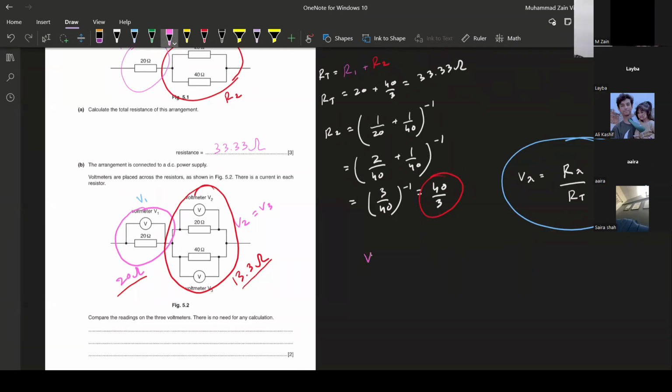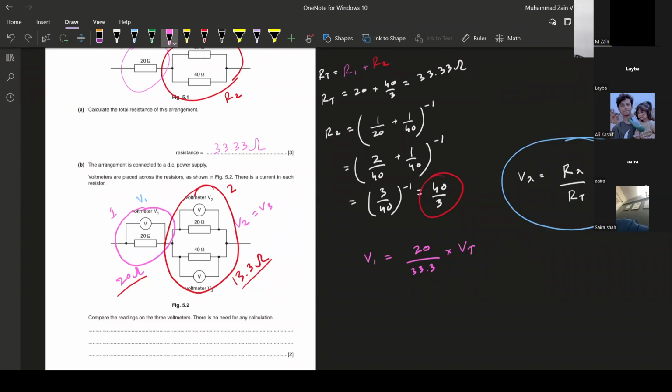So if I talk about this component V1, so I'm naming this component V1 and naming this whole thing 2. If I talk about the potential difference across V1, that would be equal to the resistance across V1, which is 20 ohms, divided by the total resistance of the circuit, which is 33.3, times the total potential difference. I don't know it, but let's say it's VT.